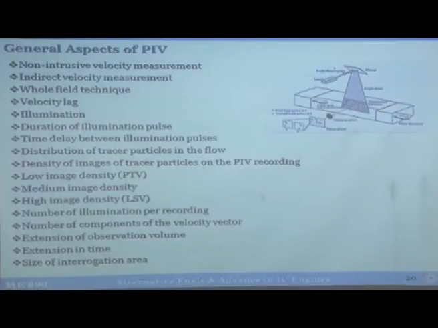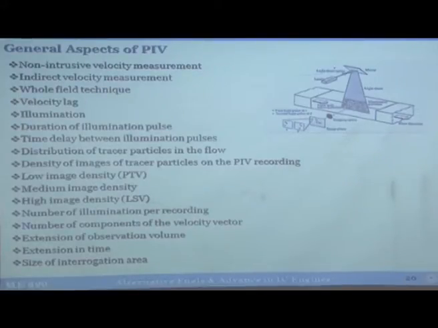Then you see the density of the images of the tracer particles in PIV recording. You are doing PIV recording, how many particles per square centimeter? Based on density, PIV is divided into 3 sections. One is called low image density, the other is called medium image density, and the third is called high image density.